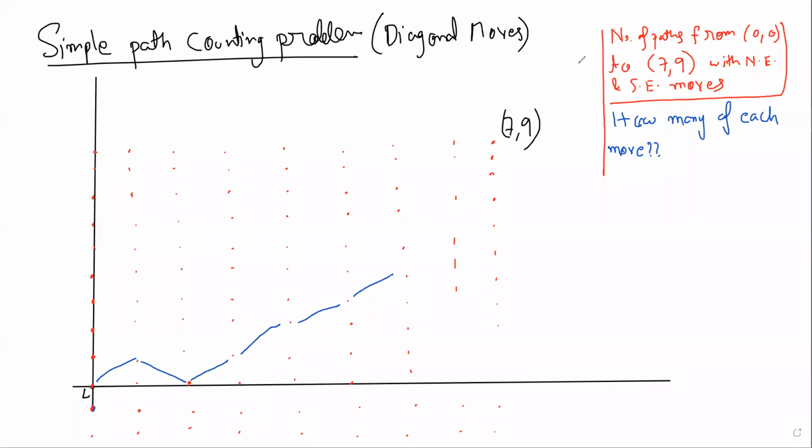Is it even possible? Anyone, is it even possible that you reach 7,9?